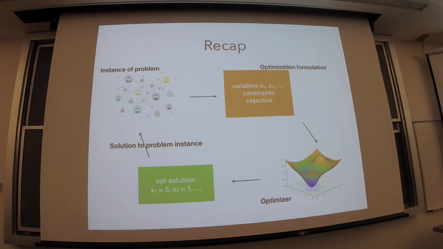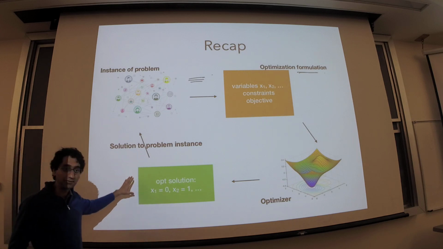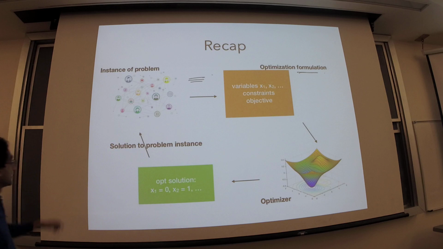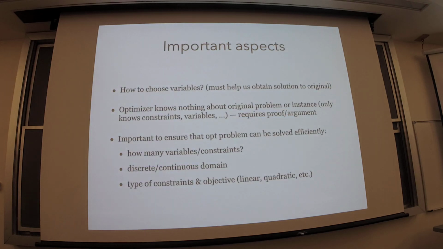And the important thing, what I keep saying, is that you have to prove that this optimization formulation captures everything you want about the problem statement, and you must be able to go from a solution of this optimization formulation to a solution of the instance. And there are three important things that you should ensure: first, what are the variables, then what are the constraints, and what's the objective. That's the usual thing that we study when looking at a formulation.